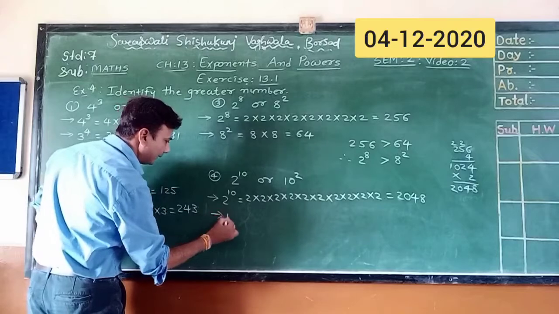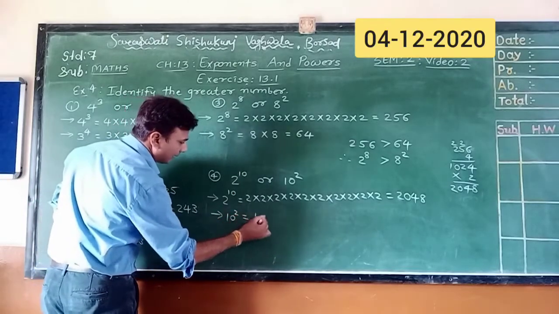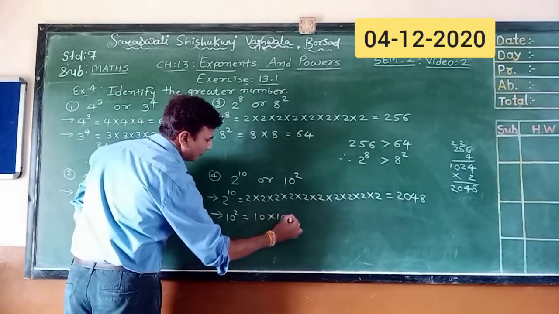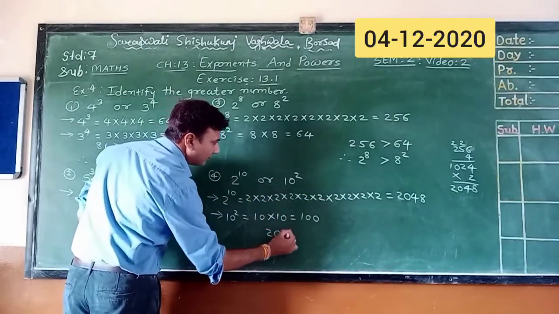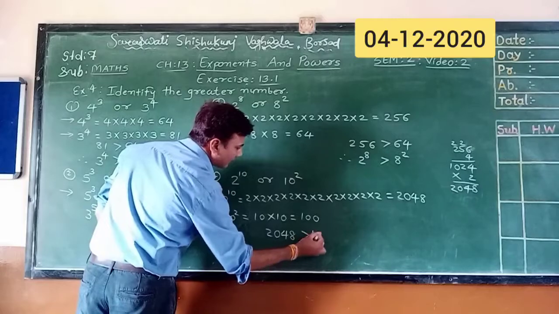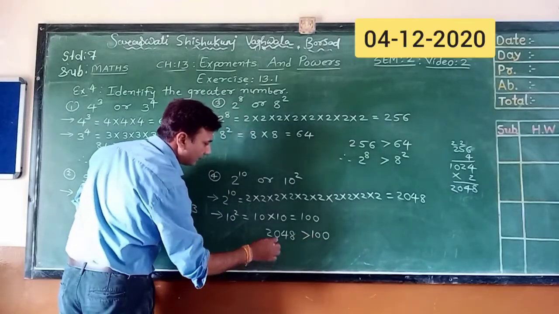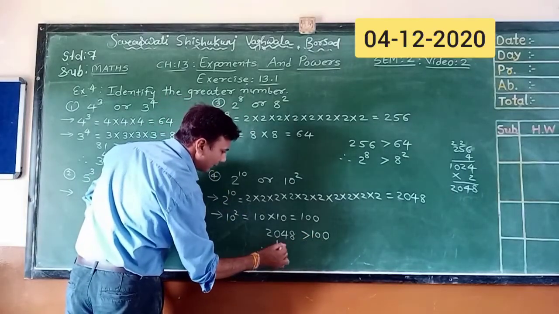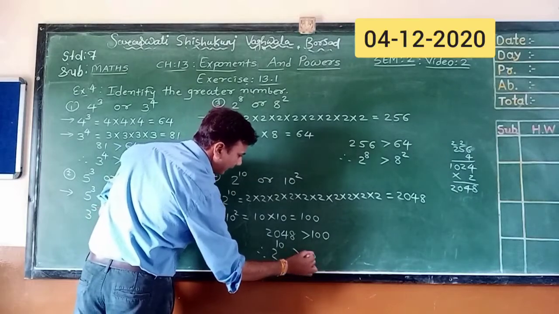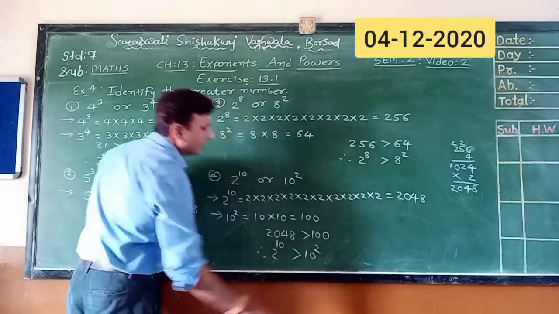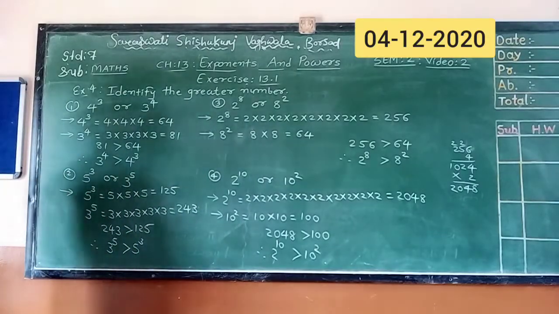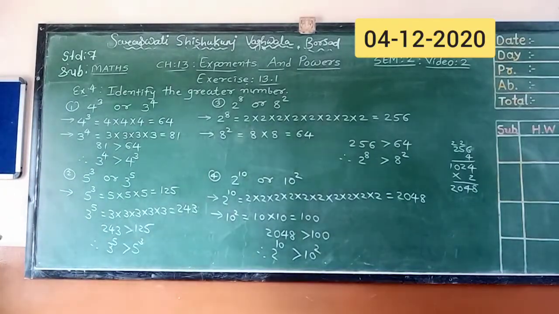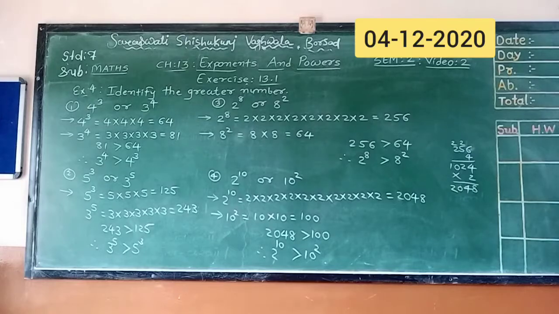Now the second is 10 square, 10 multiplied by 10 is 100. 1024 is greater than 100, so 2 raised to 10 is greater than 10 square. This type of calculation we do to verify which number is greater or which is less.